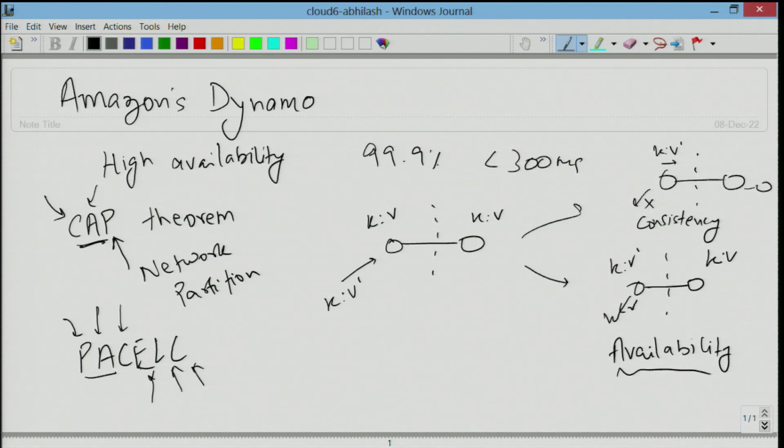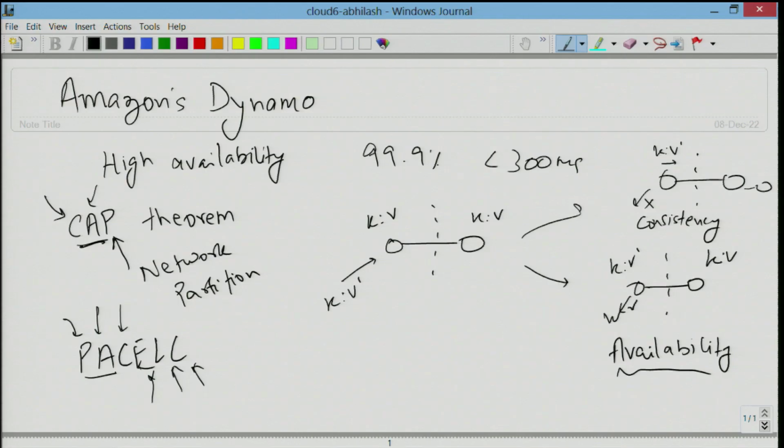Consistency has the overhead that I have to form a majority, get an ACK back from everyone, and only then move forward. Whereas if you don't worry about consistency, you can get even lower latency, because I can just return immediately without forming majorities.